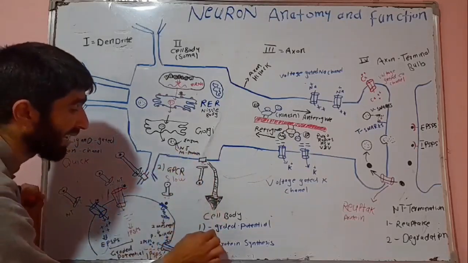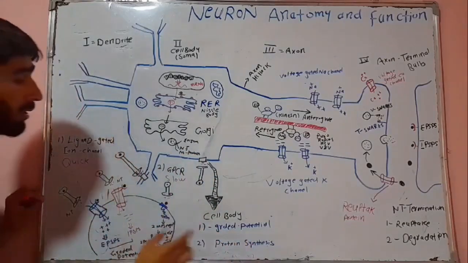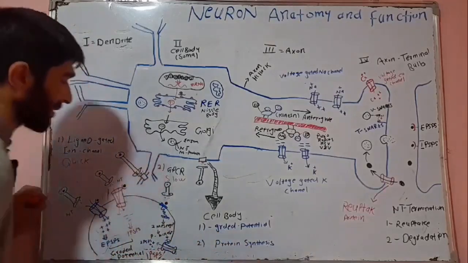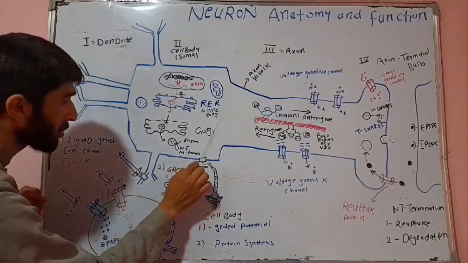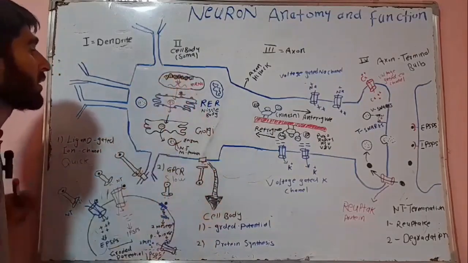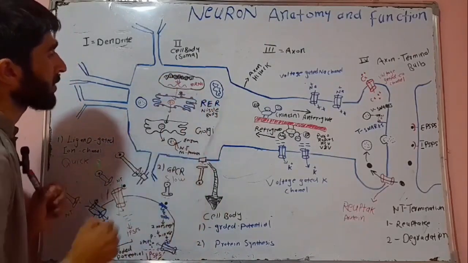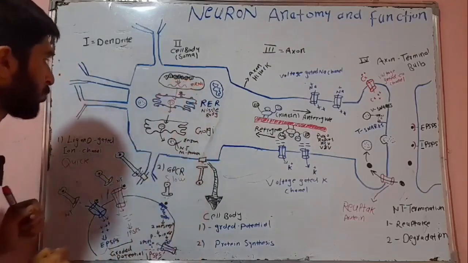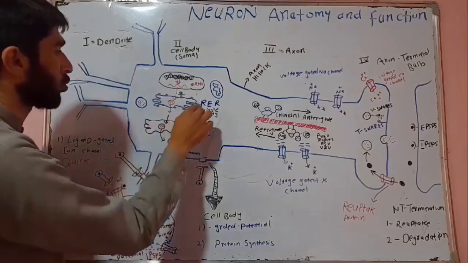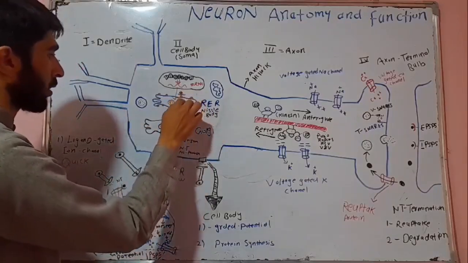Here graded potential will also be produced. With graded potential, there is also protein synthesis. If action potential is produced here, it will stimulate the DNA to copy messenger RNA. The messenger RNA with ribosome will make some protein vesicles within the rough endoplasmic reticulum.